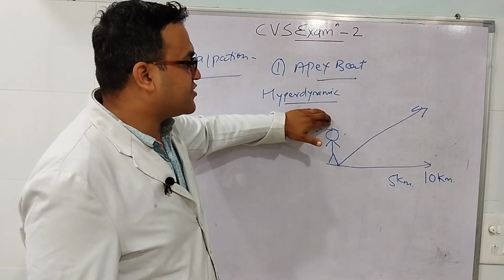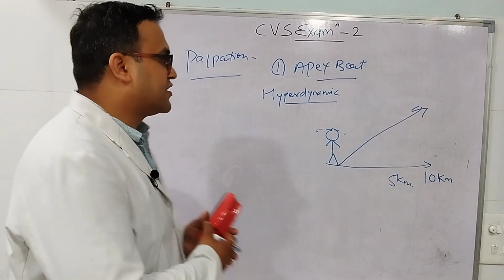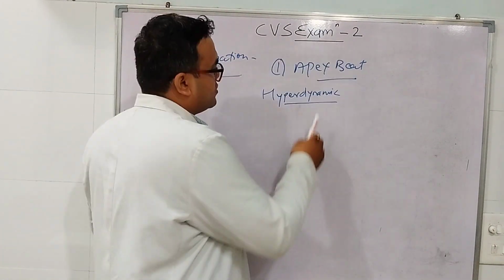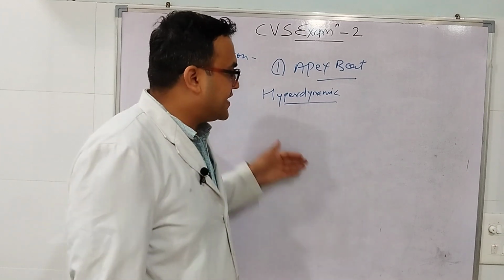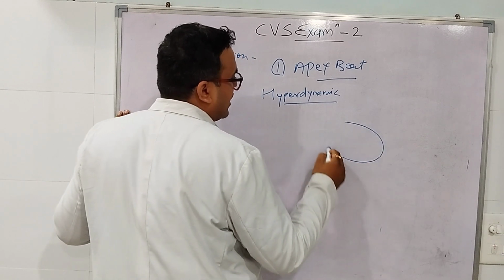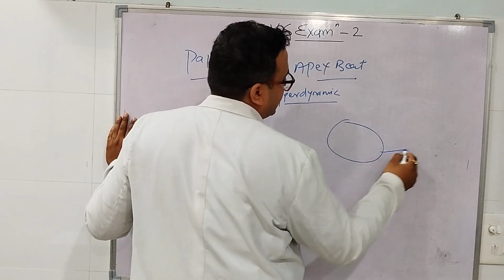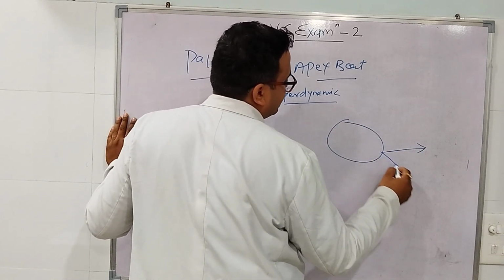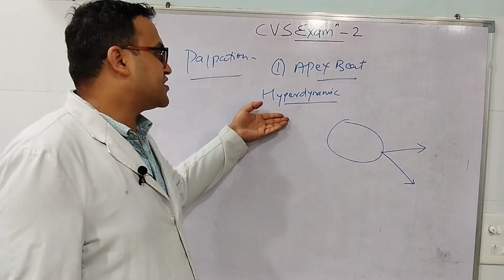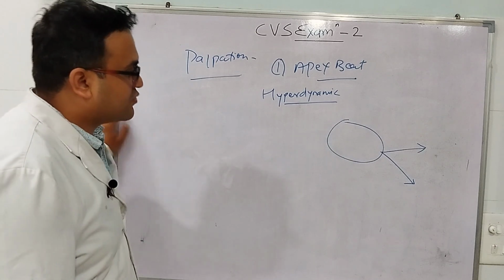So that is the diastolic load, and this is the systolic load against which the person has to work. In hyperdynamic apex beat, the apex beat will be displaced down and out. It will be displaced laterally as well as down.